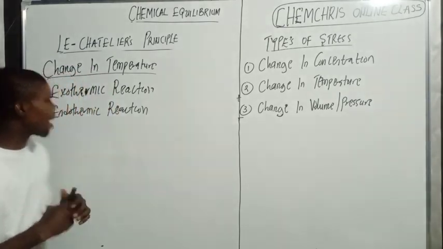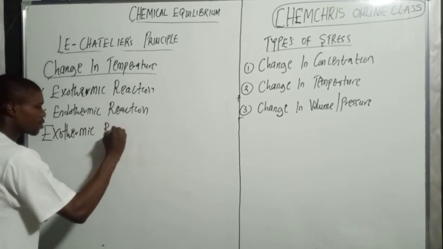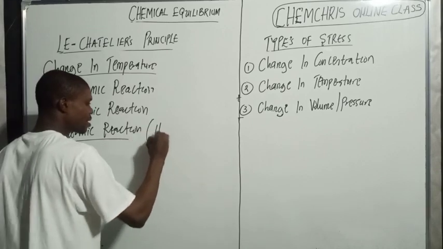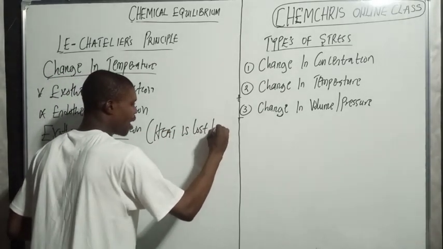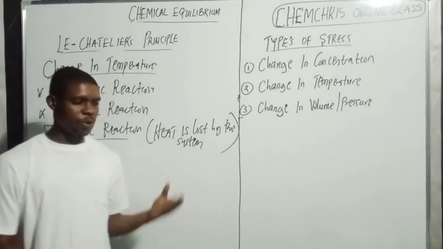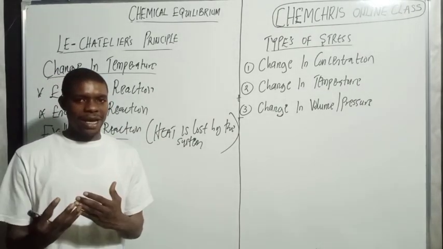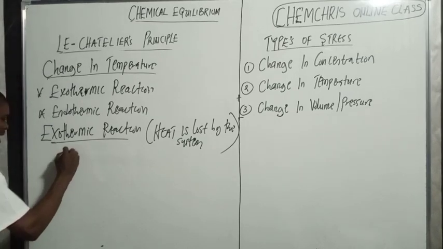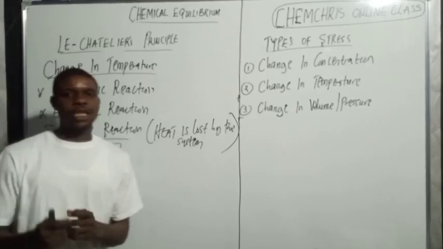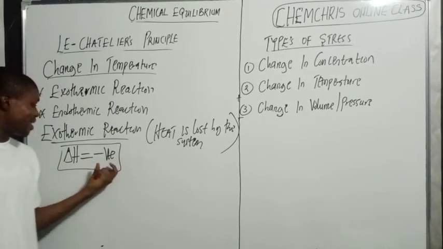When we talk about an exothermic reaction, it means that heat is lost by the system. Whenever it is given out, delta H is always negative. Do you understand? So in an exothermic reaction, heat is given out, and delta H is negative.